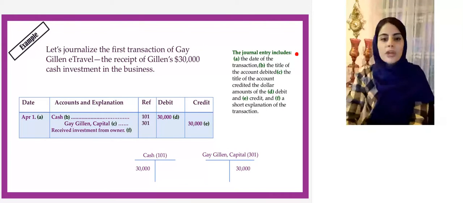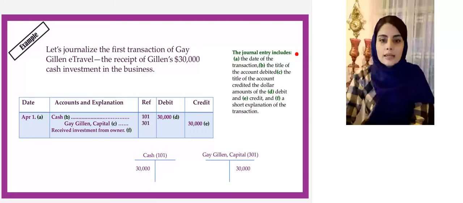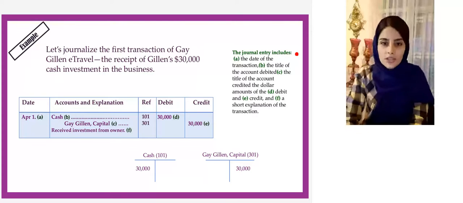Here we are going to explain an example about Gagelen, a travel agency, and we want to analyze their transactions. The first transaction shows the receipt of Gagelen's $30,000 cash investment in the business. When we want to post it to the journal, each entry should have a date, the date when the transaction occurs.